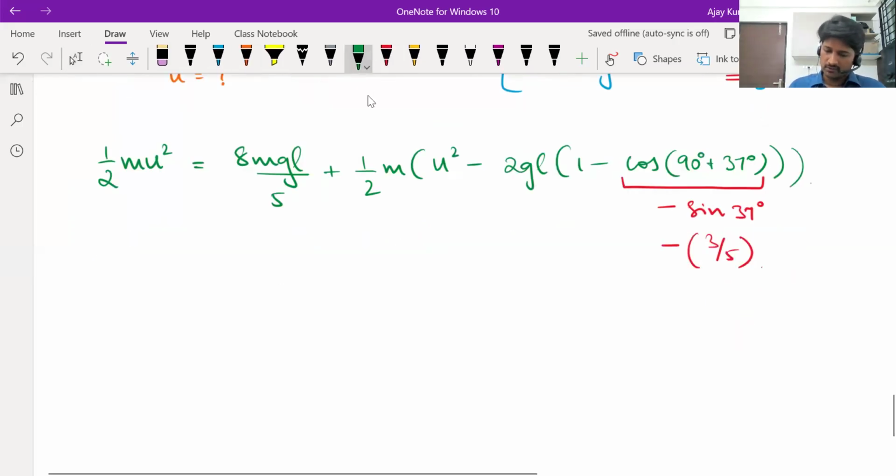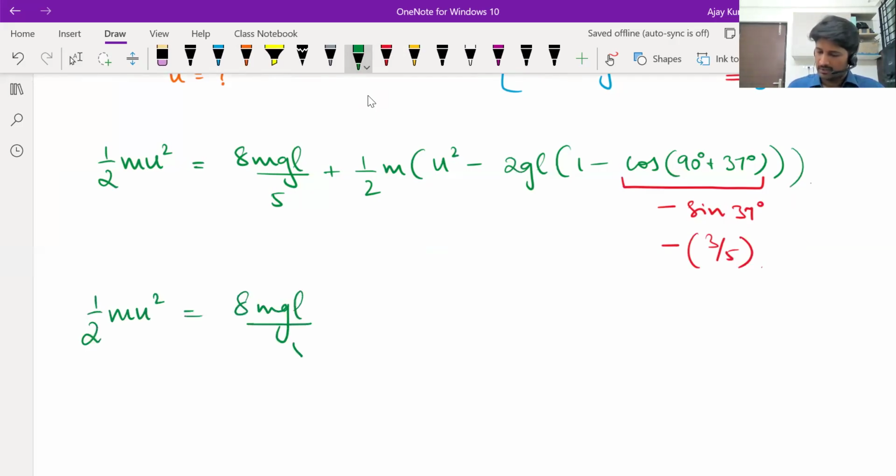So the equation changes to half m u square is equal to 8 mgl by 5 plus half m, u square minus 2gl is there. Let it be. Now you have 1 minus of minus 3 by 5, which is effectively 1 plus 3 by 5, and 1 plus 3 by 5 is 8 by 5.